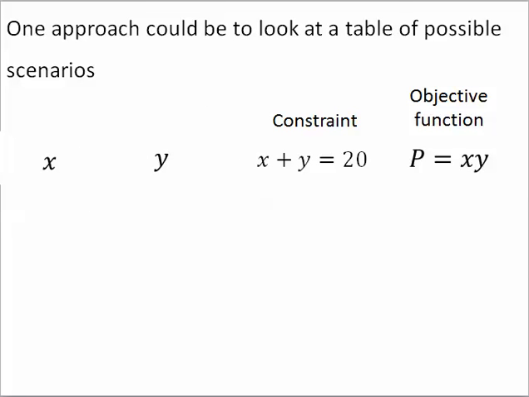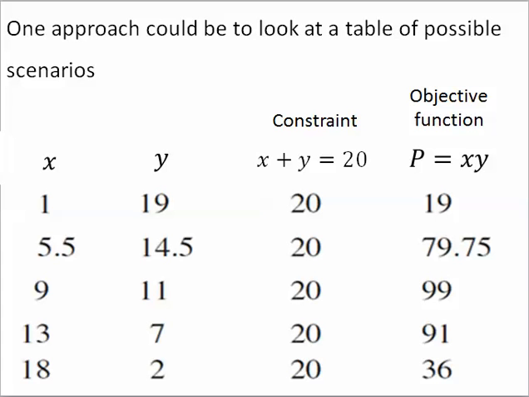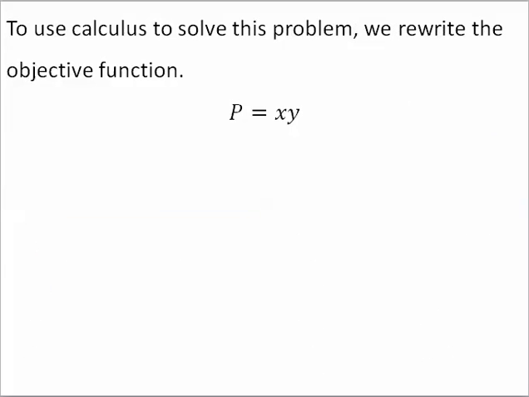One approach could be to look at a table of possible scenarios. Here are 5 ordered pairs where x plus y add up to 20, and the product is given for each ordered pair. To use calculus to solve this problem, we rewrite the objective function using the constraint.